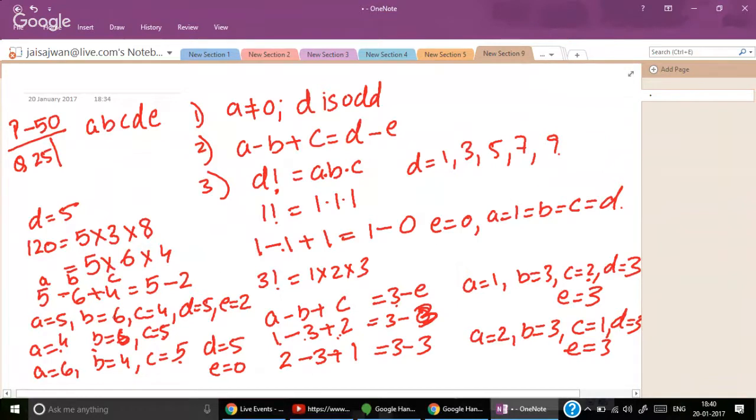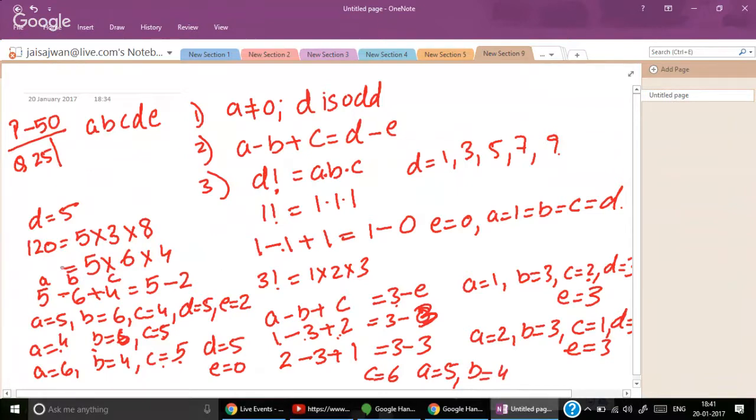So let's try out some other option, because none of these or cannot be determined is not given there. I have already taken the value of C is equal to 5, C is equal to 4, or you could also try with C is equal to 6. Is 6 an option? Yes, 6 could be one of the options. So if C is equal to 6, A is equal to 5, B would be equal to 4.